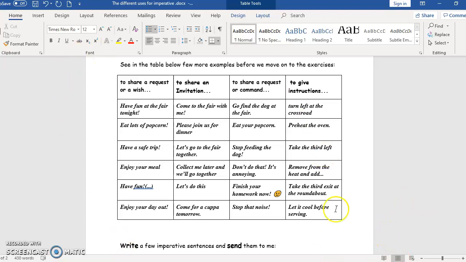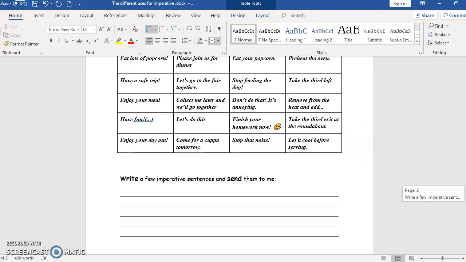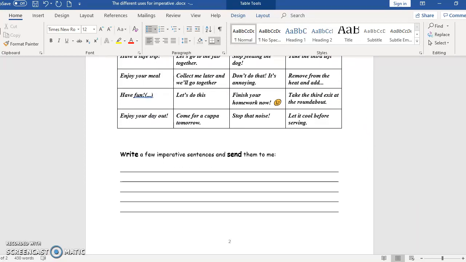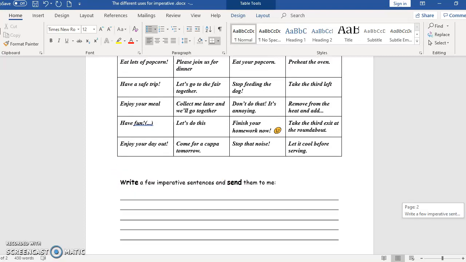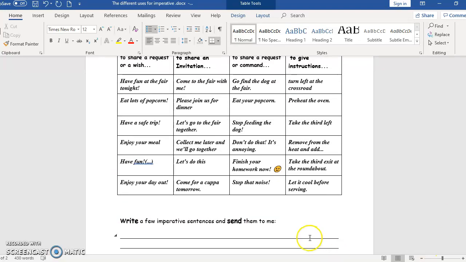If you have any questions about pronunciation, you can of course ask me in the Zoom session on Wednesday. Now, write a few imperative sentences and send them to me. You see, two imperatives in that sentence, in the first part and in the second part. I am requesting, demanding, or giving you instructions to do something.